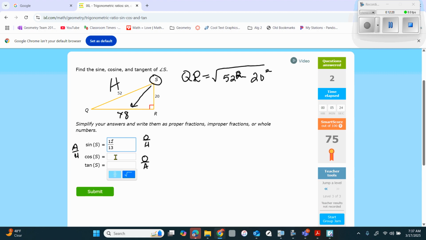And then they want the cosine, which is adjacent over hypotenuse, which is the 20 would be the adjacent side here. Remember, it's next to the reference angle.